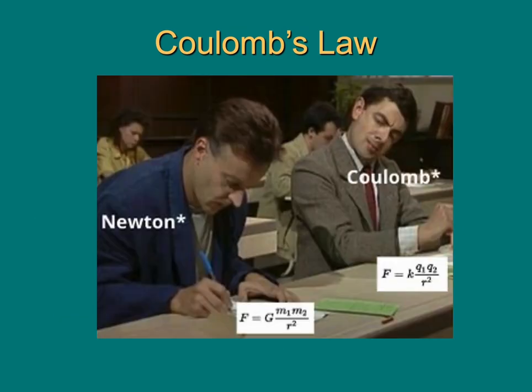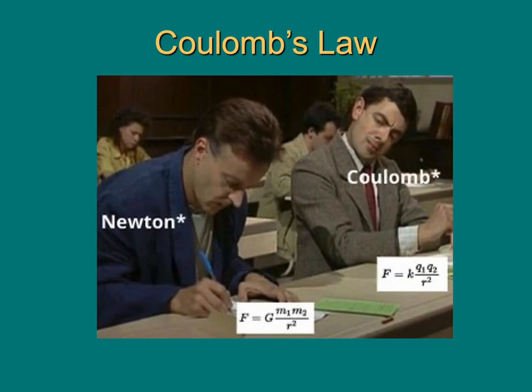Coulomb's law equation has exactly the same mathematical form as the gravitational force we learned in Physics 1. Now, this is a funny picture, but what's even funnier is that Coulomb first measured Coulomb's law using the torsion balance he invented, as we said.